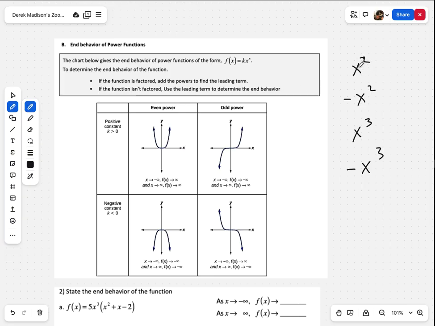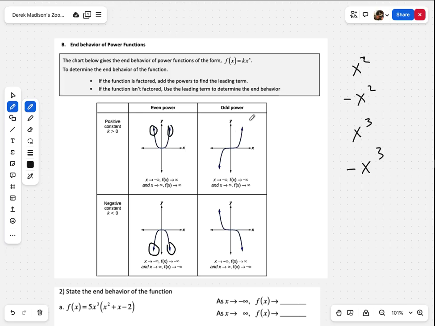Even if it's x to the 100th, if you zoom back far enough, it's going to end up kind of looking like x squared, in that the function is going to start from the positive, come in, and then leave back out going in the positive y direction. Likewise, if I have something that's a negative with an even power, it's going to eventually, at least in terms of where it's coming in and where it's leaving out, look like -x squared.